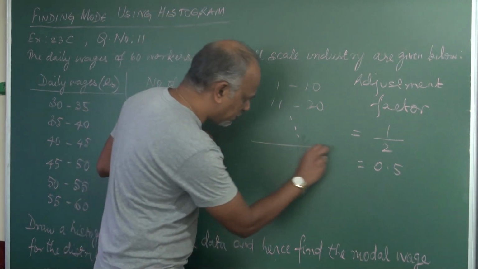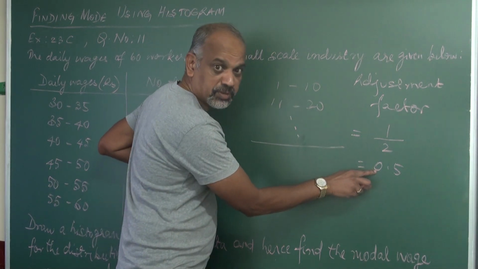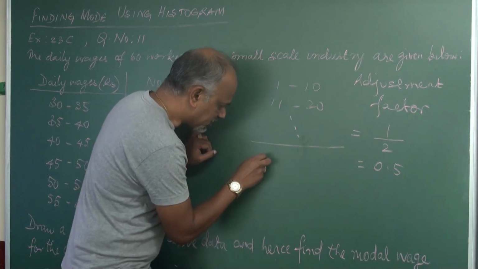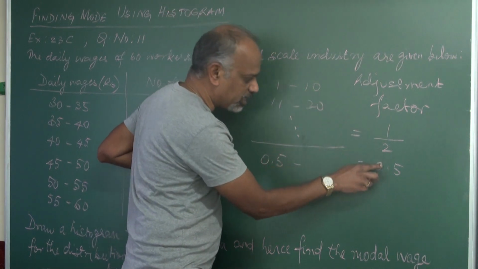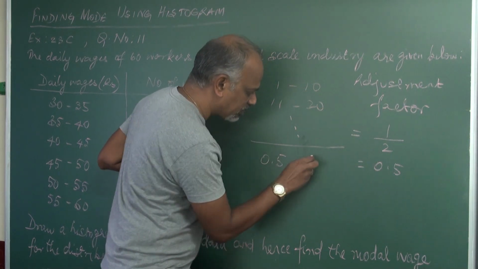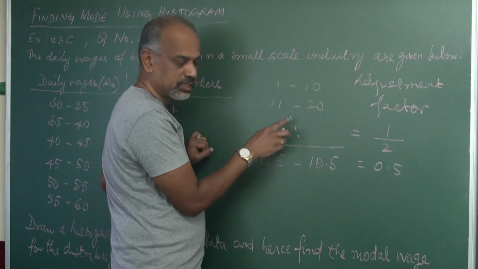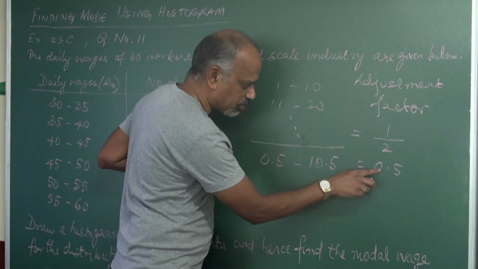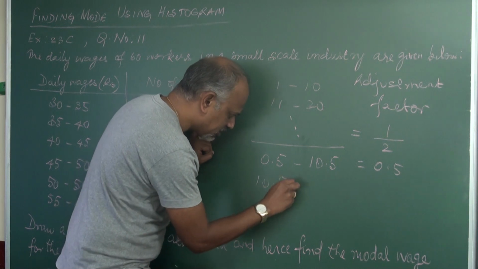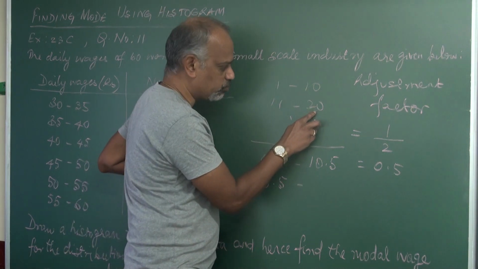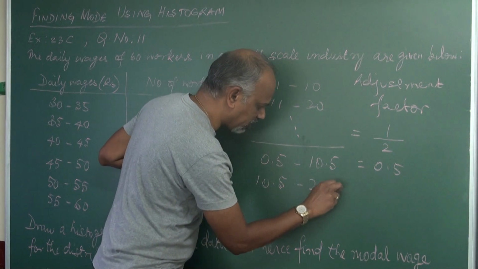So, to make this continuous, from 1 subtract the adjustment factor: 1 minus 0.5 is 0.5. To 10, add the adjustment factor: 10 plus 0.5, that's 10.5. Do the same thing with the next class interval. From the lower limit, subtract 0.5, that's 11 minus 0.5, which gives you 10.5. To 20, add the adjustment factor, that is 20 plus 0.5, that's 20.5.